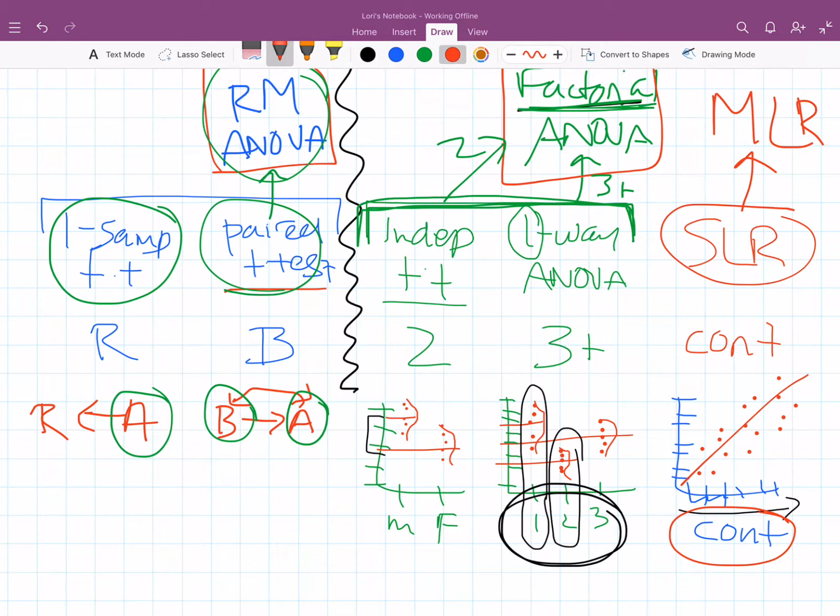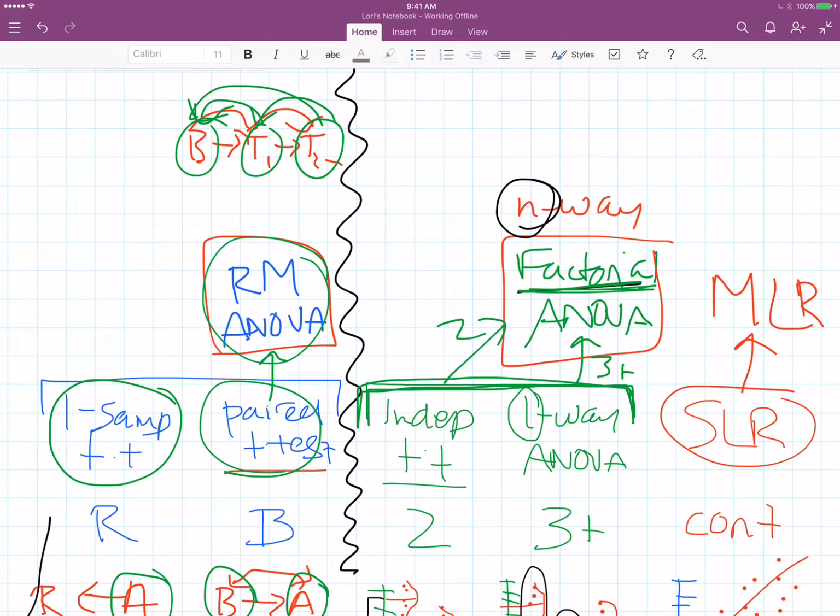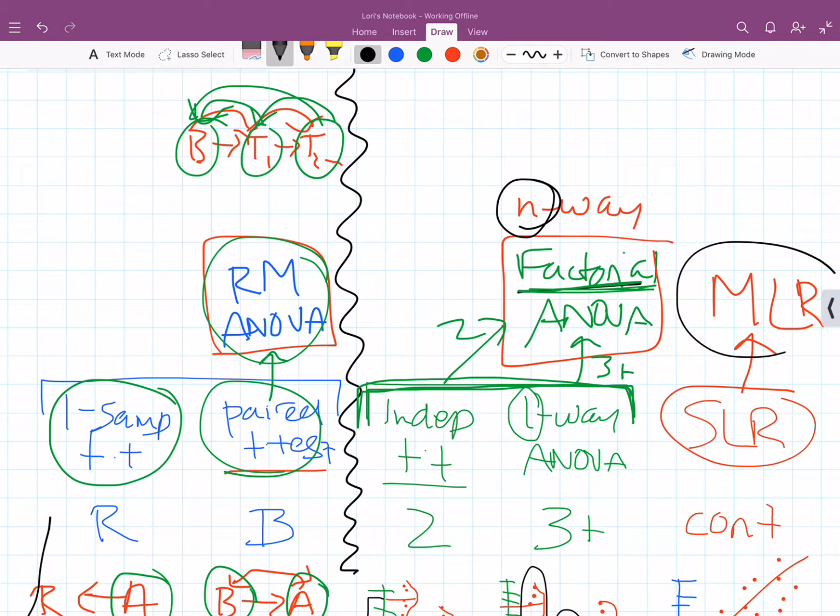Now, the other thing to remember about multiple linear regression is that it is what I call the grandfather of all of these. And so, really technically, all of these tests are mathematically behind the scenes really the same thing.